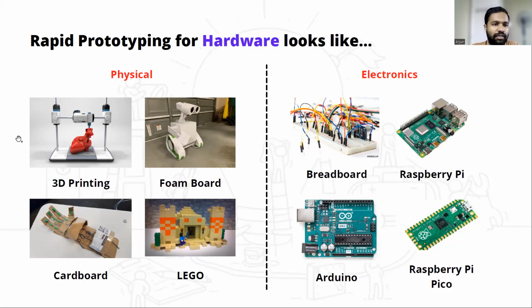So why should we use a 3D printer? 3D printing gives you some advantages which a foam board or a cardboard or a Lego block does not provide. 3D printing is mainly used for building hardware enclosures, building a physical prototype that needs to be validated for how it looks.